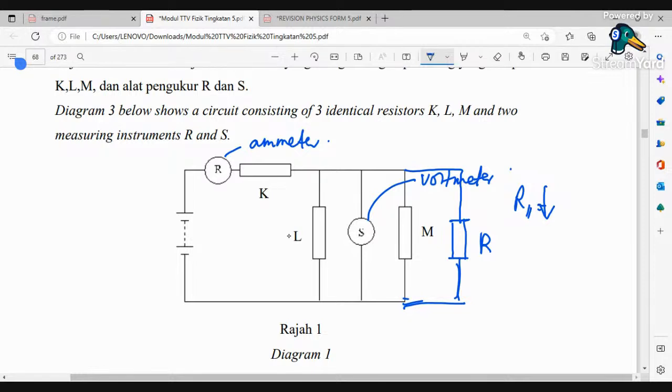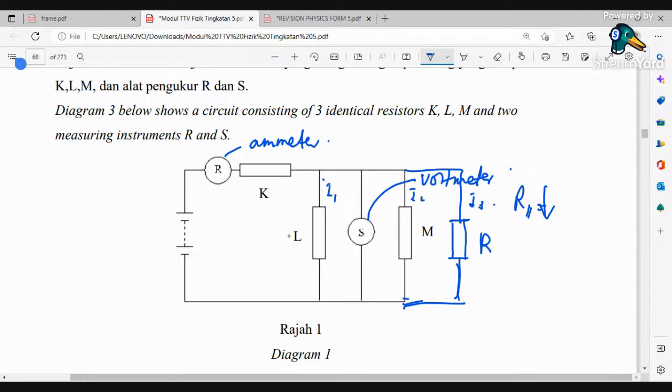Now the current will be divided into three parts, same: I1, I2, I3.